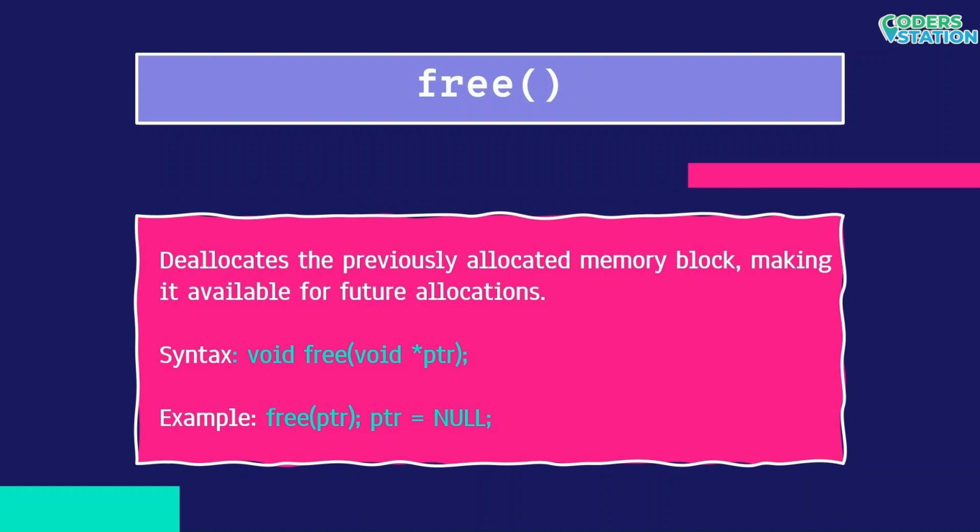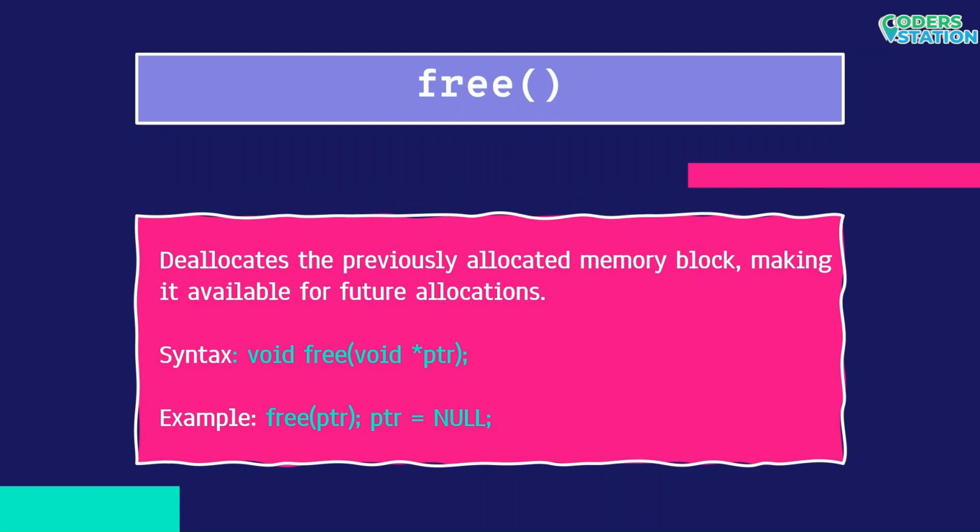Here in the example, first we call free(ptr), followed by ptr = NULL. After freeing memory, it's a good practice to set the pointer to null to avoid dangling pointers.